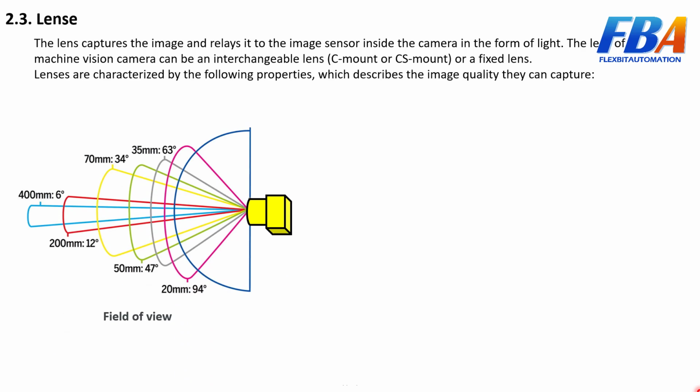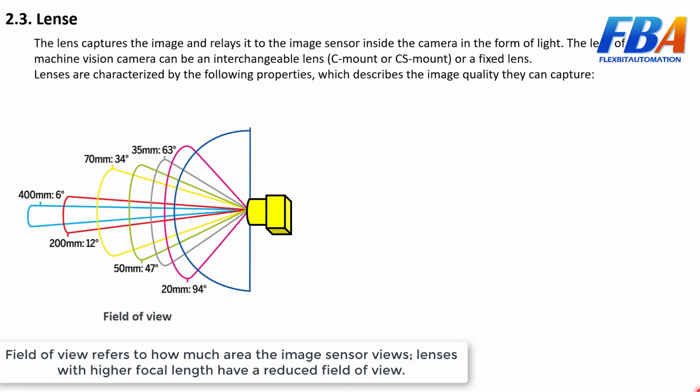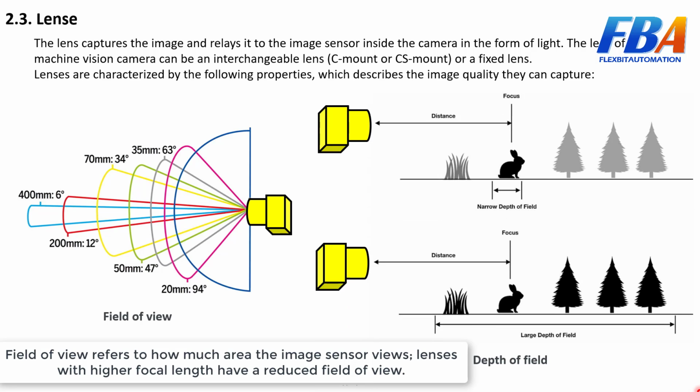Lenses are characterized by the following properties, which affect the image quality they can capture. The first one, the field of view, refers to how much area the image sensor views. Lenses with a high focal length have a reduced field of view.